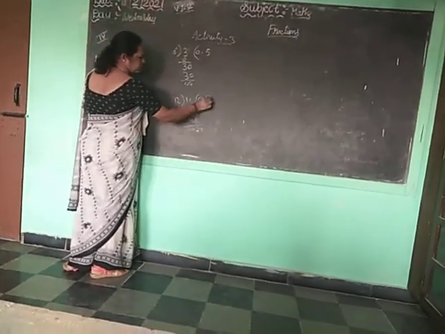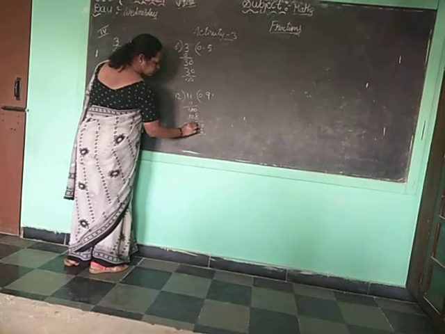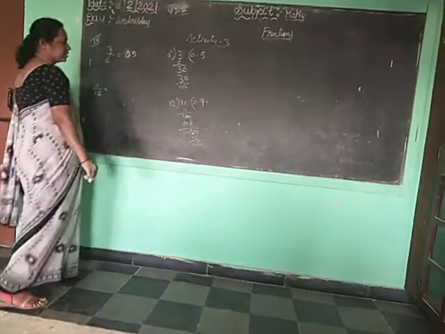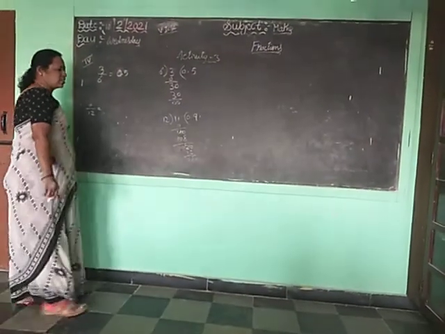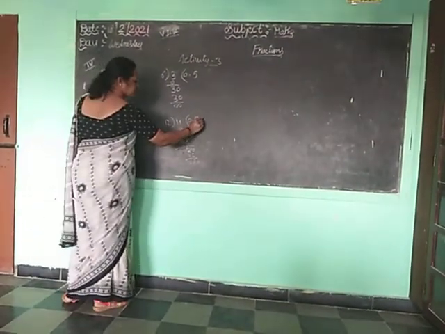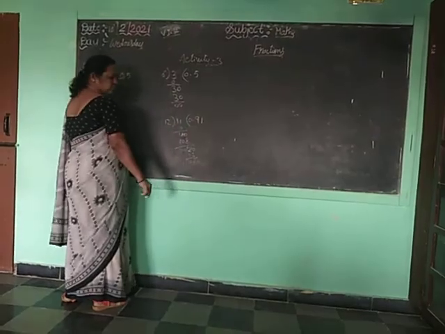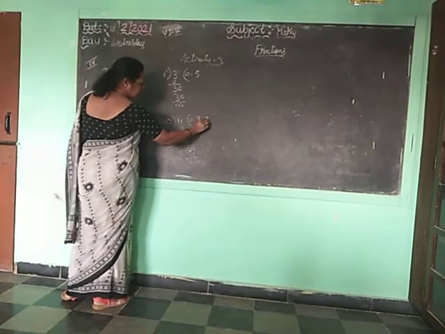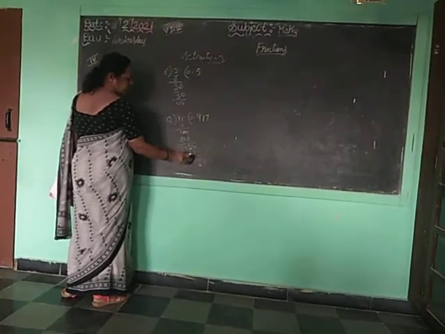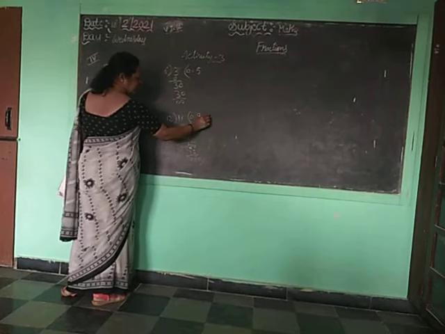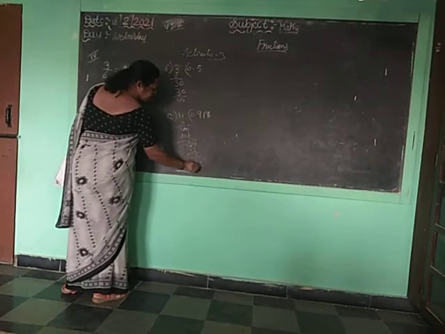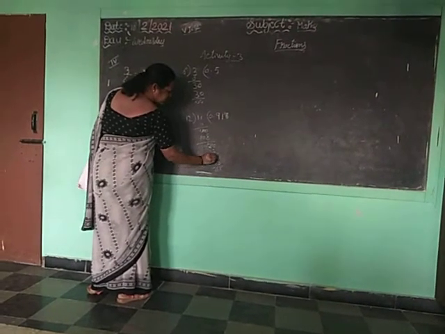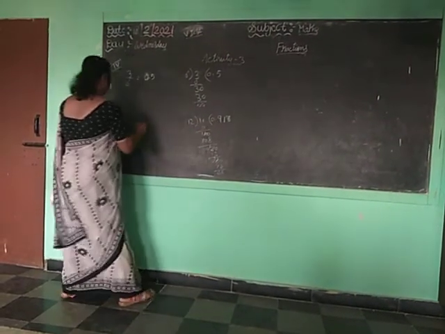Add 1 0. 12 ones are 12. So from 20, 12 will go 8. Again add 0. 12 8s are how much children? 96. So I will go for 7. That will be 84. So I will go for 6. 12 6s are 72. So it will be 0.916.